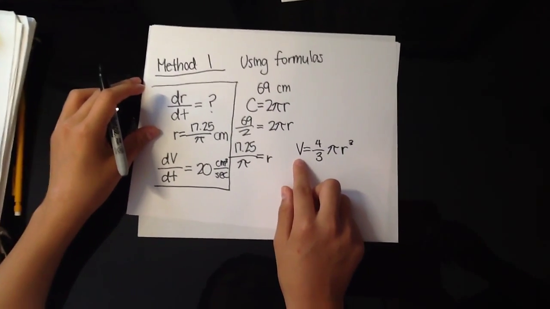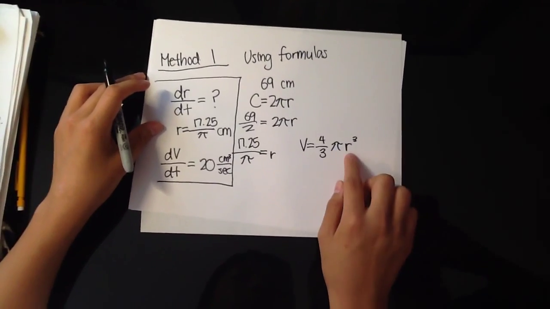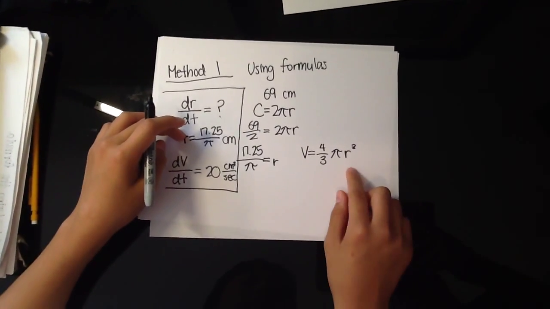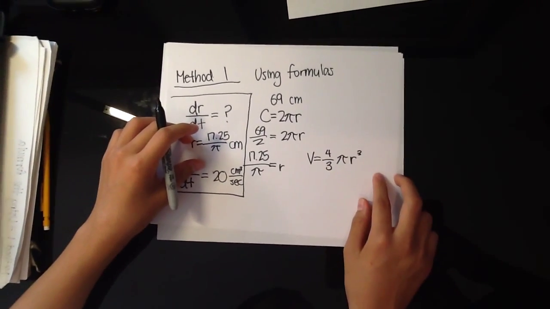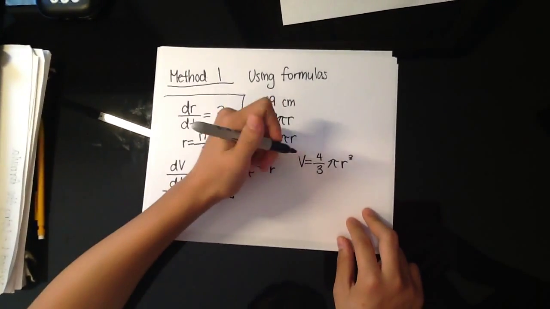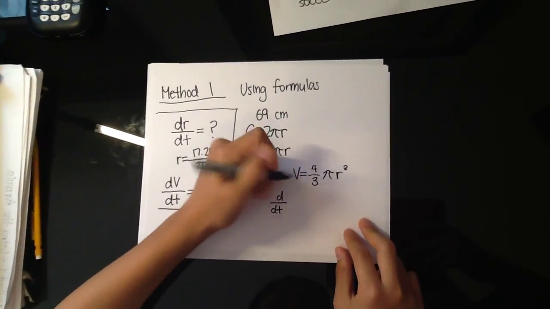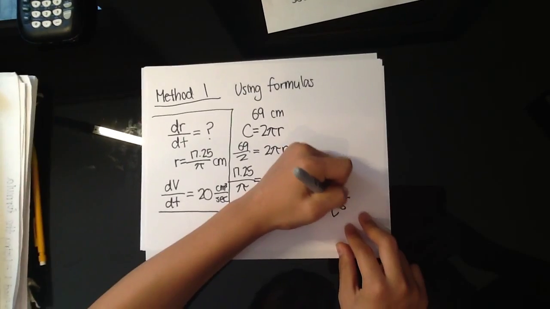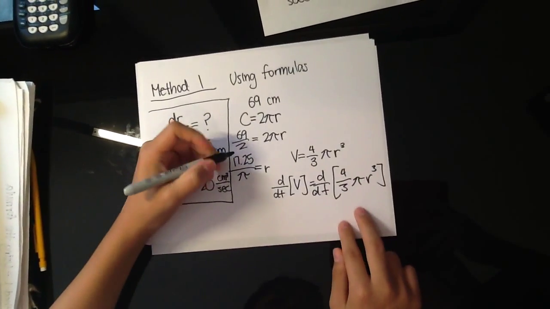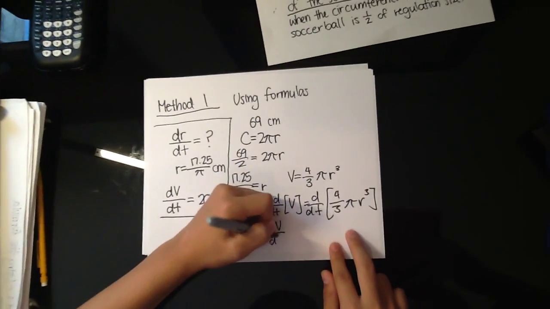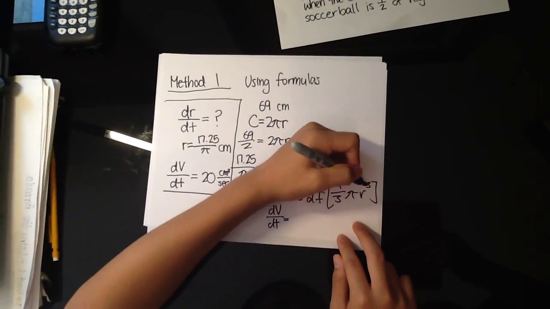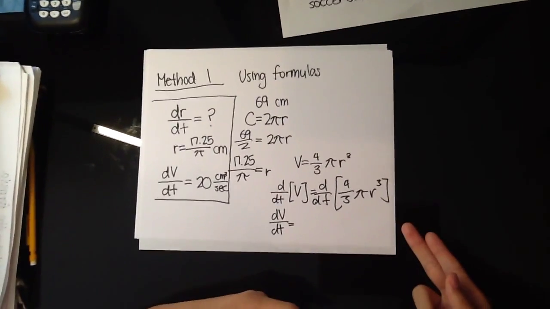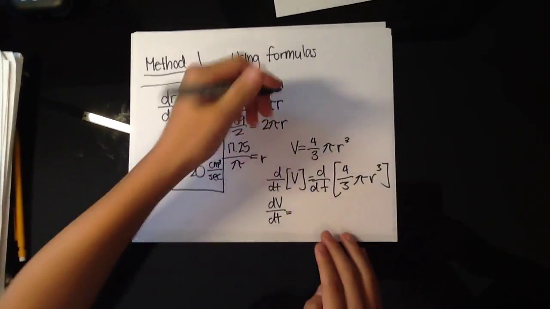We don't know volume, but we do know the radius, and we don't know dr/dt. So in order to relate the values we know and the value we don't know, we have to differentiate the whole equation with respect to t. So you do d/dt of both sides, and that's going to give you dV/dt equals... to differentiate that, we can just use the power rule, which is a way of differentiating that doesn't use the whole formula with the limits.